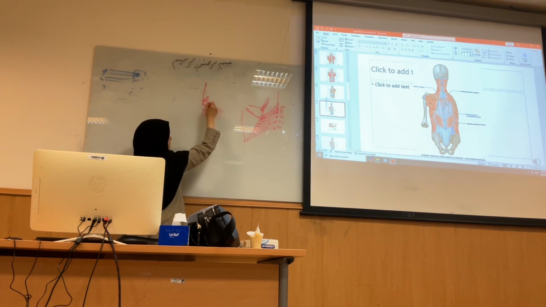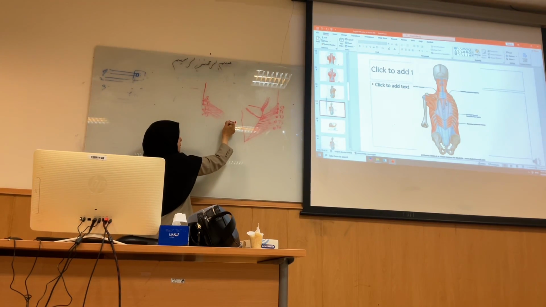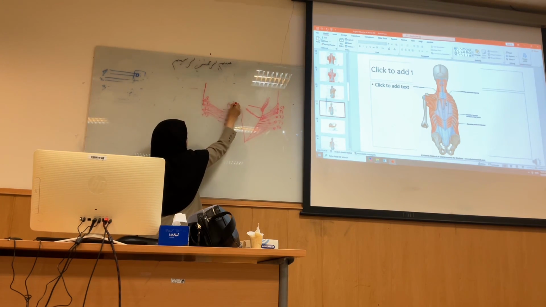The muscle fibers are going downward and lateral. They are going to connect to some of the ribs. Which rib? The second rib, third rib, fourth rib, and fifth rib. So it is on the rib.